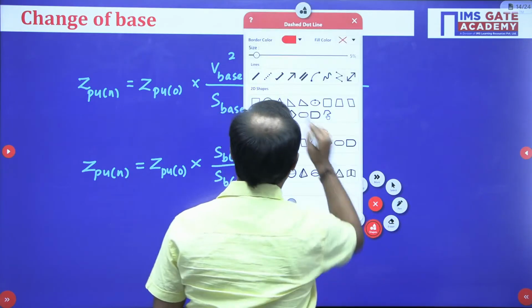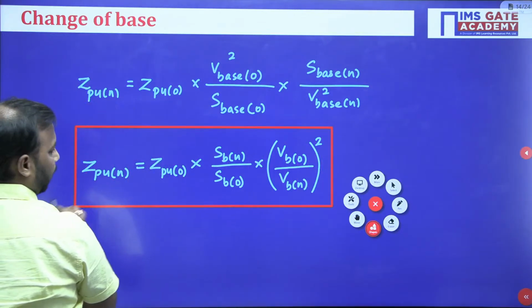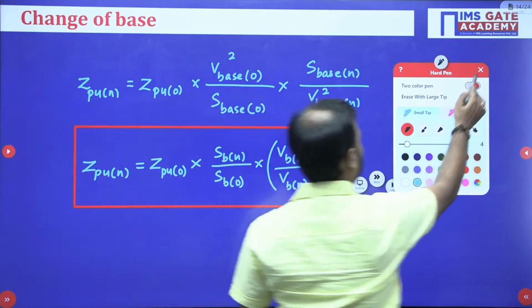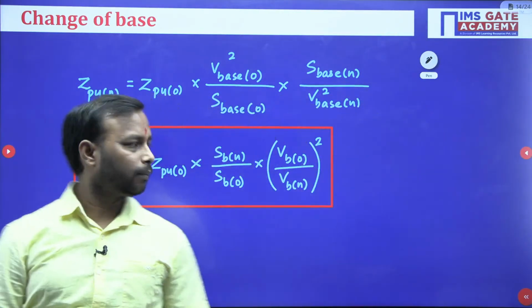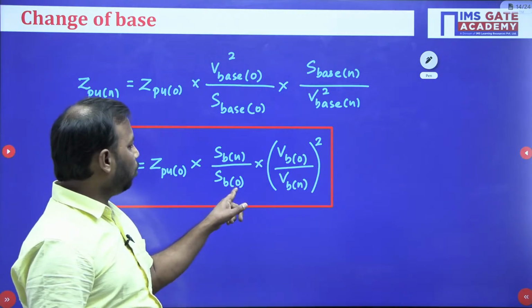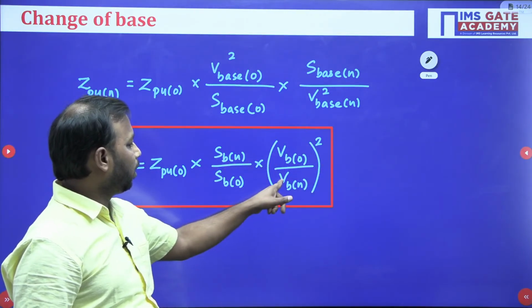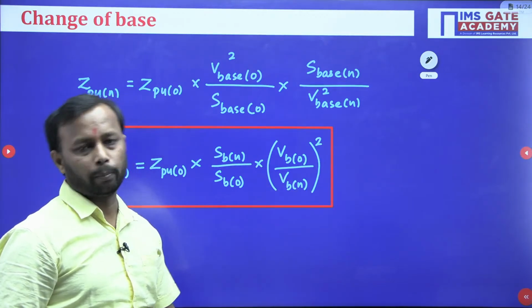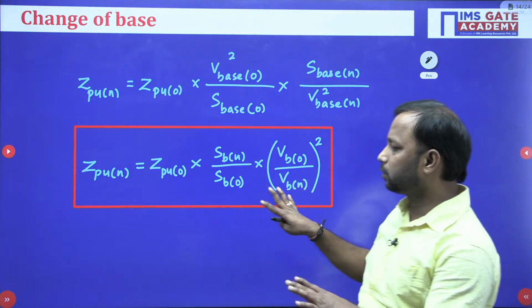This is going to be your new expression when you change the bases, where SBO and VBO are the old base, and SBN and VBN are the new base. Am I clear? Please do remember this particular concept.